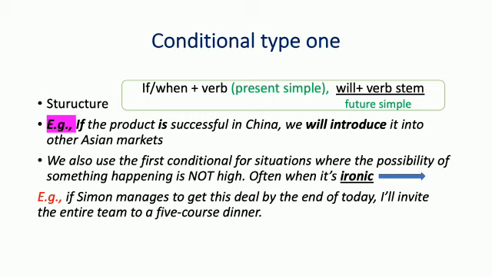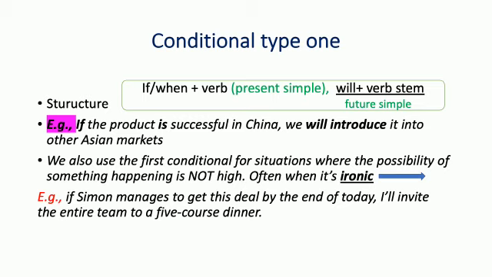So if the product is successful in China, okay, we will introduce it into other Asian markets. Here in the if clause we have the verb "is" in present simple, and we have "will introduce" in future simple. We have "will" plus stem here, okay. So this is conditional type 1.